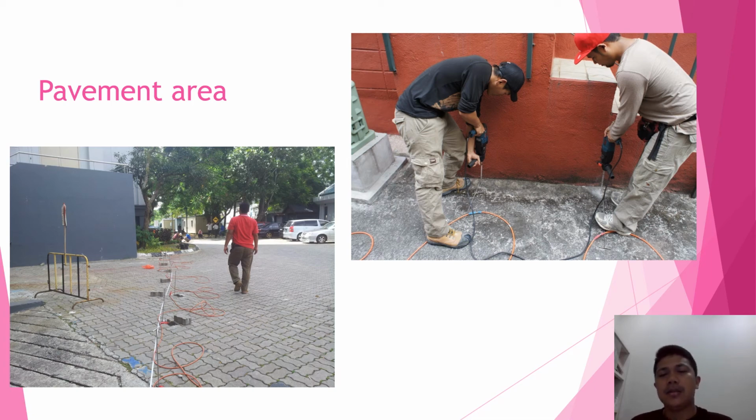This photo shows we needed to drill somewhere at the back of a house, which is a pavement area. Basically for the resistivity method, we need to put in the electrodes. If you deal with a pavement area, you need to remove the bricks, and sometimes you need to bring the genset together with the drill machine.